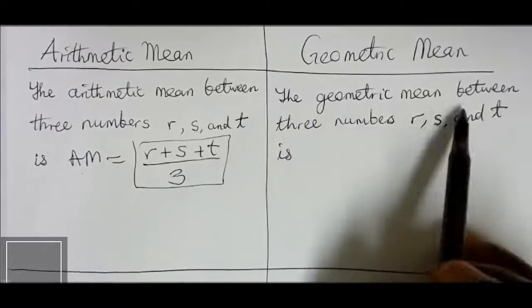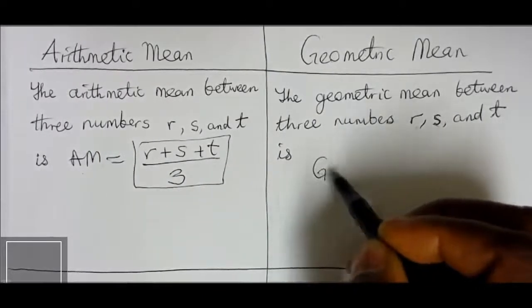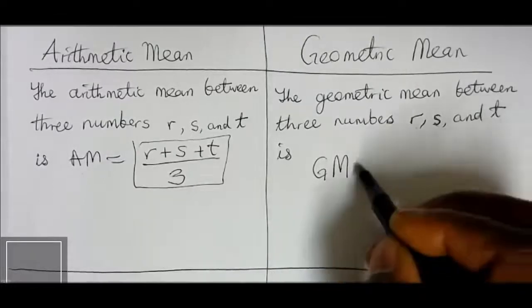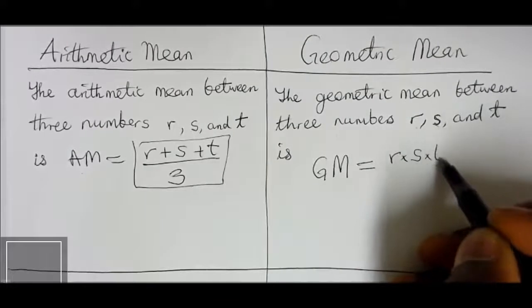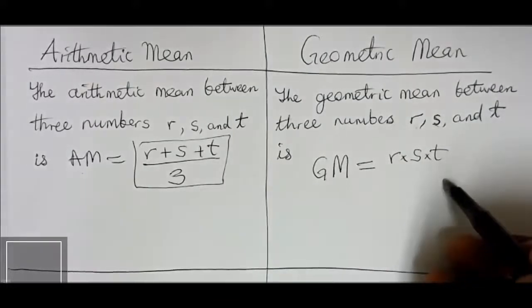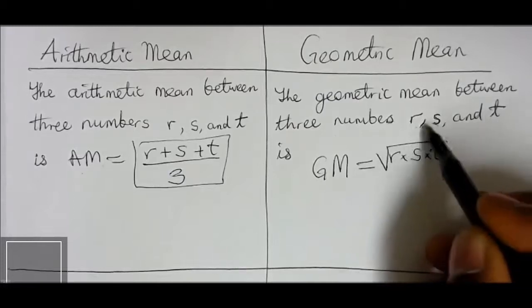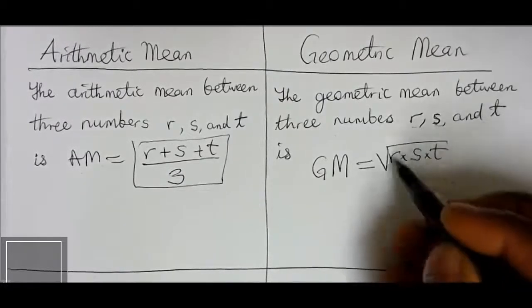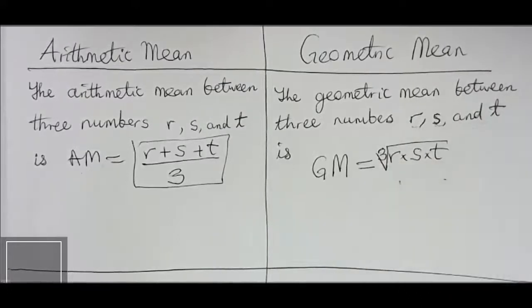Geometric mean, on the other hand, instead of adding them, we multiply them. So let's say geometric mean, GM, is going to be R times S times T. And instead of dividing them, we take the root of how many there are. There are 3 of them, so we take the cube root. So that's the geometric mean.